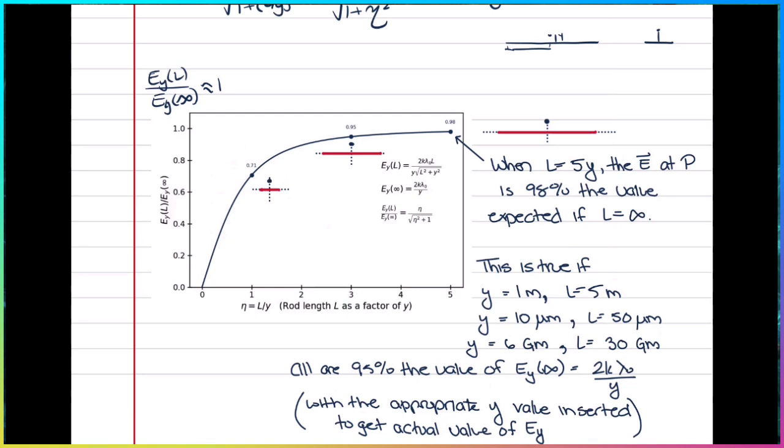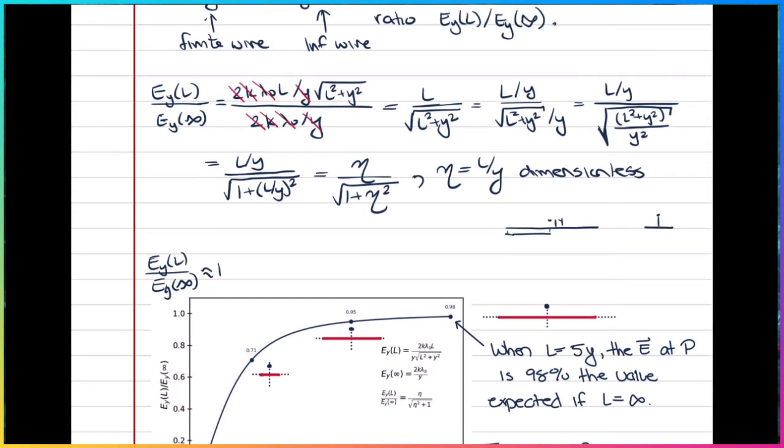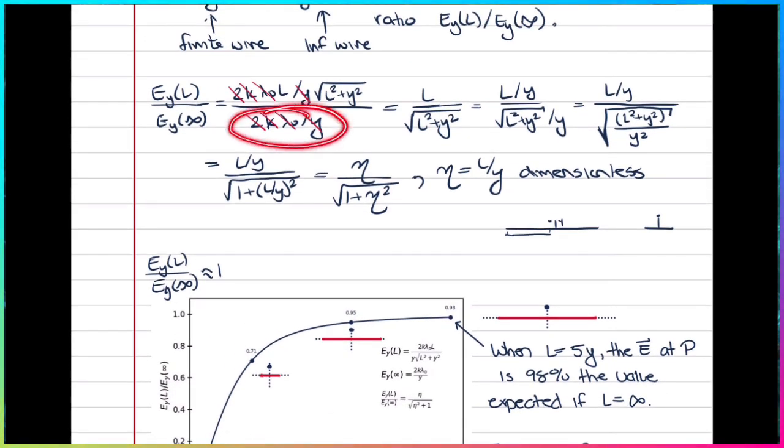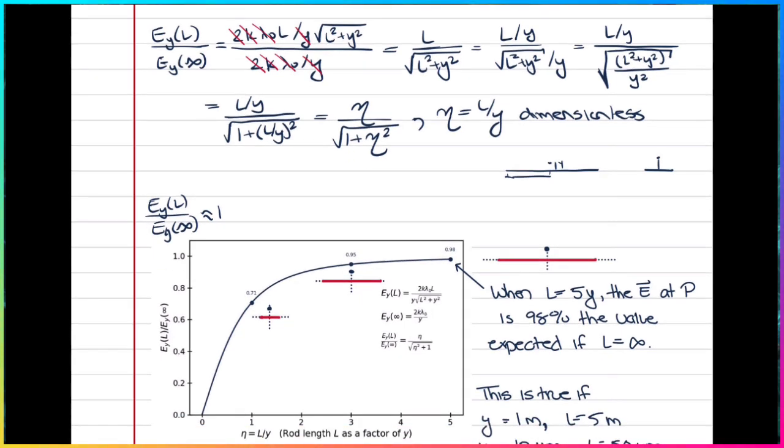And the thing to note is that you actually don't have to go that far. When the rod is only 5 times the length of y, this ratio is already 98%, which means this infinite rod case, this 2kλ₀ over y, is essentially the electric field to within 98% accuracy, as long as the rod length is at least 5 times the value of y.